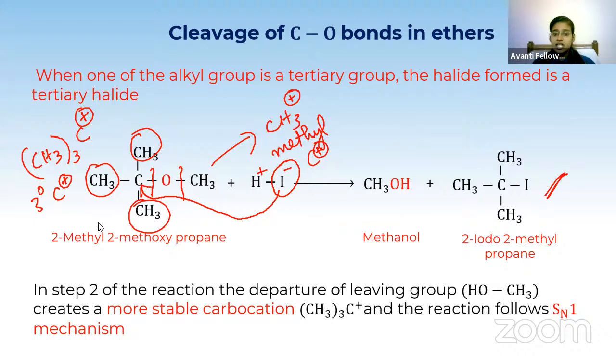But if you have a tertiary group, then the halide part has to go to the tertiary carbon and the hydrogen has to go to the other alkyl group, because the tertiary carbocation formed at one of the steps is highly stable, and the nucleophile can attack it more easily since the reaction follows the SN1 mechanism.